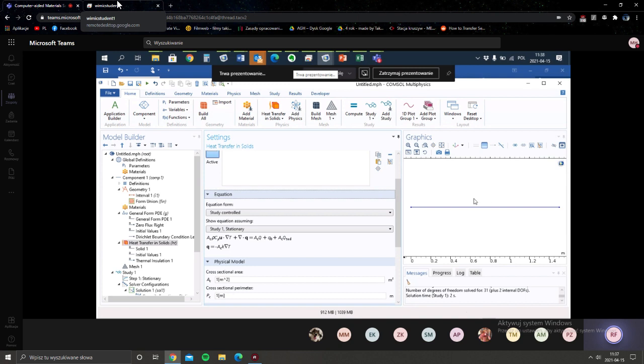So different aspects of heat transfer. So this is why I said that it is not so easy to start at the beginning, because you have to read the documentation. So some elements are ready, but you have to understand what the particular terms mean in this heat transfer in solids module.